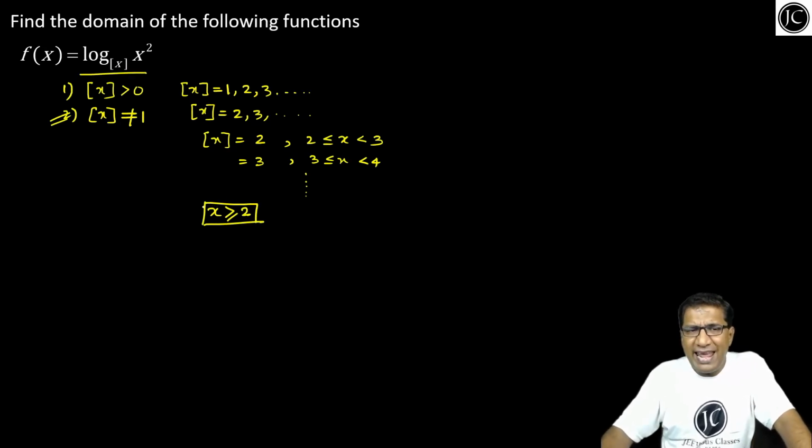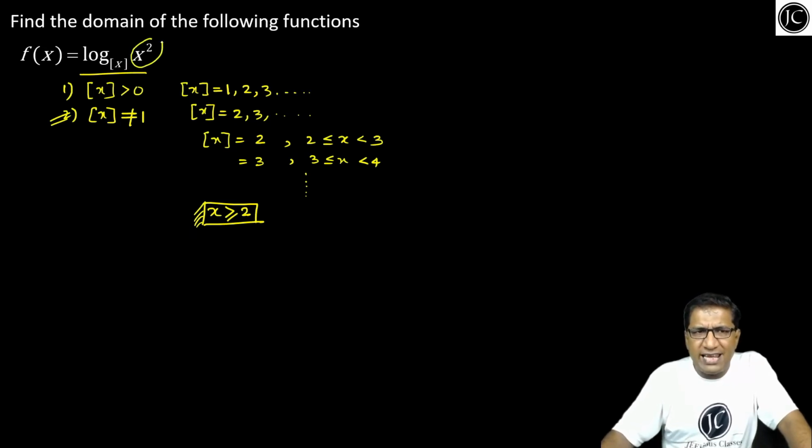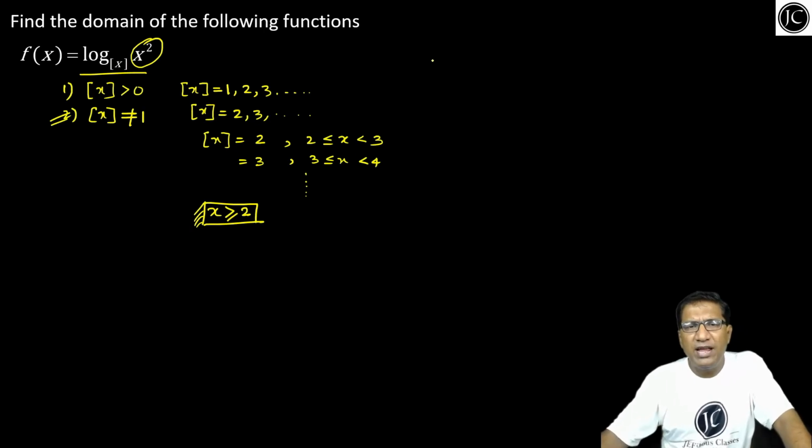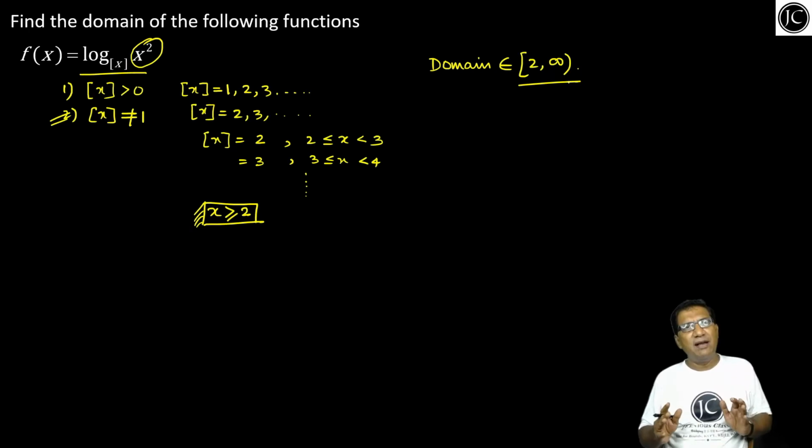Now, when x is greater than equals to 2, this one, that is x square, is very much defined. Therefore, the required domain for this function is from 2 till infinity. समझ में आया? Next problem.